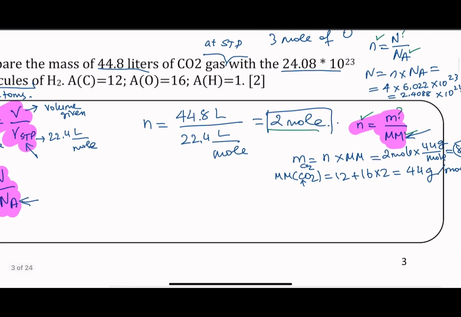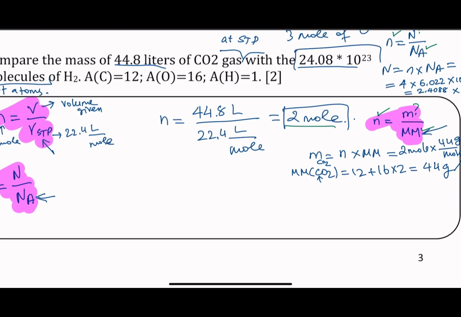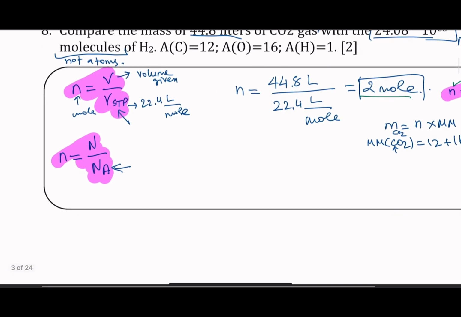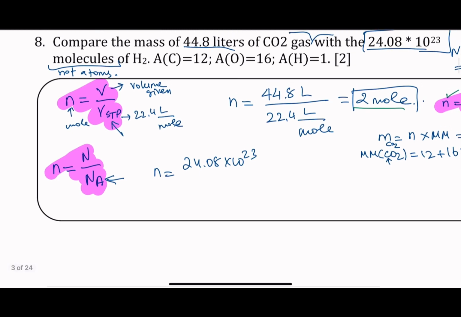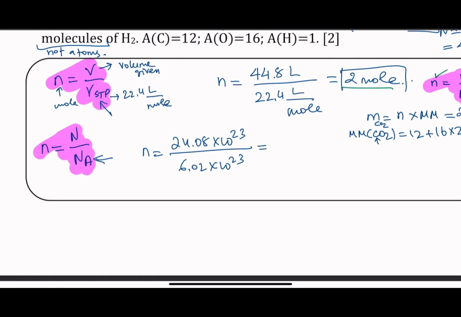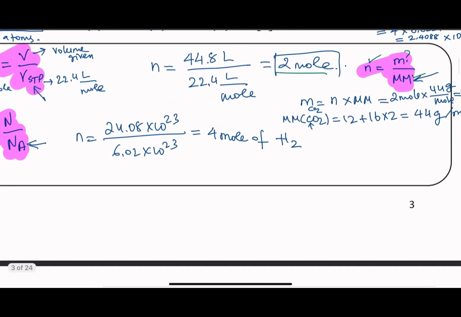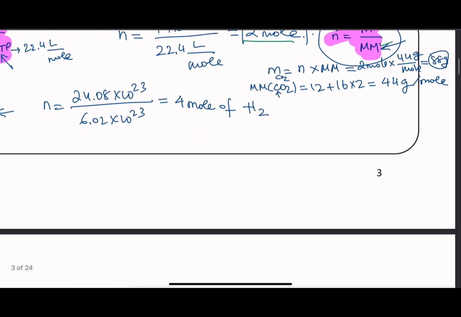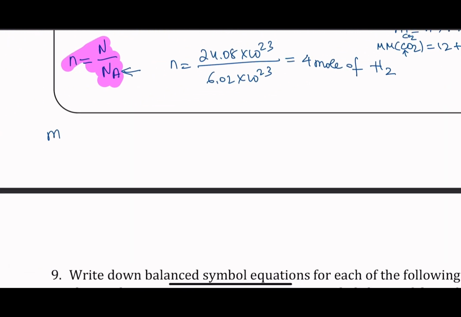So now you're given the number of particles. You need to find the number of moles. n equals 24.08 times 10 to the power of 23 divided by 6.02 times 10 to the power of 23, which gives you exactly 4 moles of H2. And then using this formula again, you're going to find m equals n multiplied by MM.